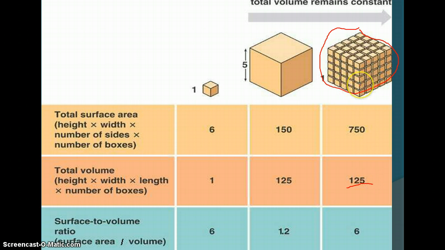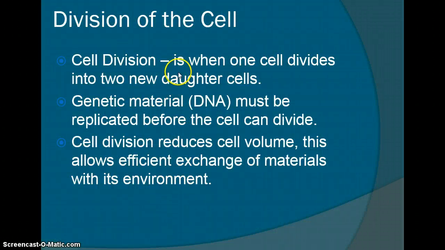However, because there's a bunch of these smaller cubes put together, we have a larger surface area, and that increases our surface to volume ratio. And that's where we want it. The higher, the better. Because of that, that's why we do cell division. You can have a bunch of different little cells still adding up to the overall volume, but also increasing the surface area. So that's why cell division occurs.